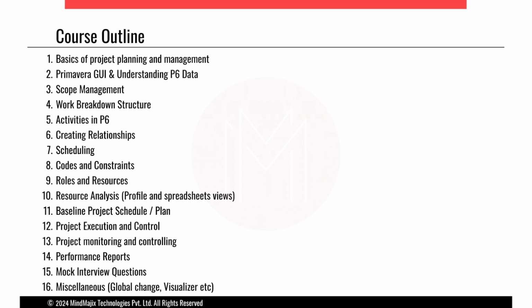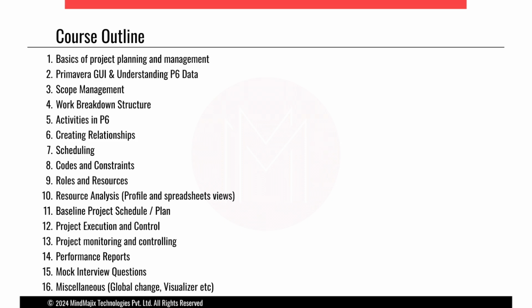Throughout the training, you are going to cover almost all the important topics that are required to get a solid command in Primavera software. Some of the important topics that you can see on the roadmap on the screen are some basic concepts of project planning and management, GUI, and scope management, which deals with how to understand the scope of a project, and maybe we want to work with work breakdown structure and all these things.